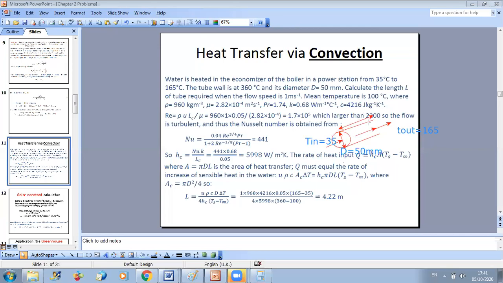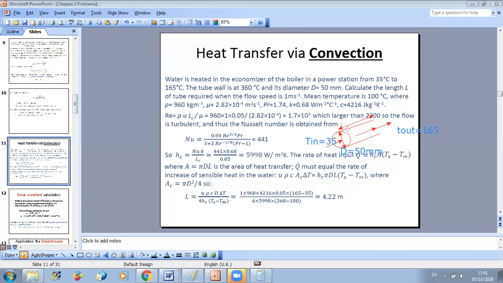So which type of heat transfer do we have in this exchange of heat? Convection. It's convection because we have an exchange between a surface and a fluid. So as the fluid is passing through the tube, it will be heated by convection from the hot surface.